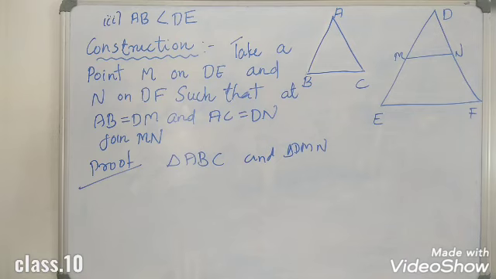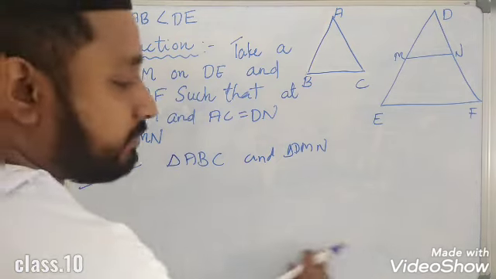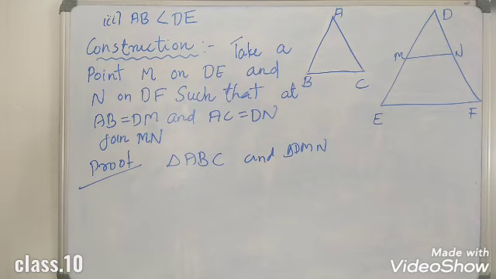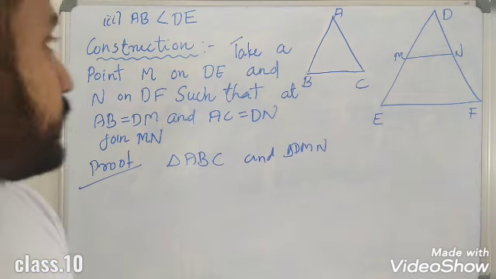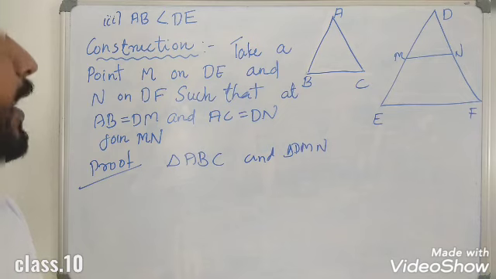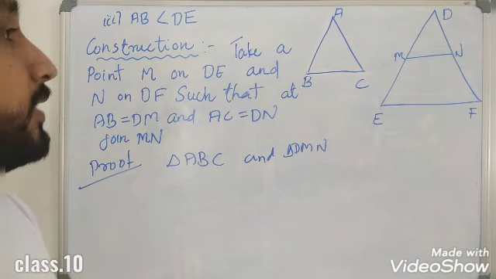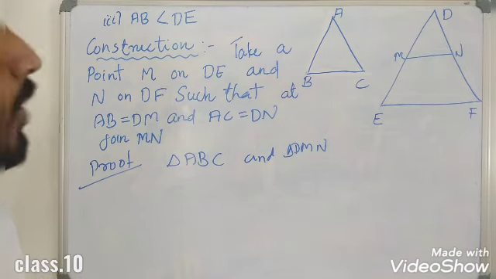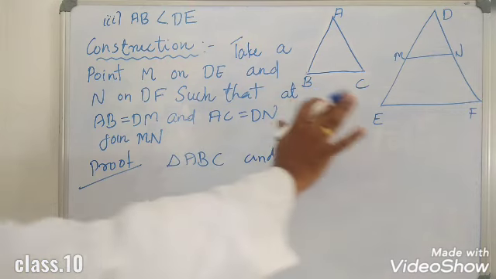Almost all the proofs are the same. When we take Thales' theorem, there is a little bit of difference. That's the difference in the proof. But the third case is if AB is less than DE. So construction: take a point M on DE and N on DF such that AB is equal to DM and AC is equal to DN. Join MN. All the steps are the same.